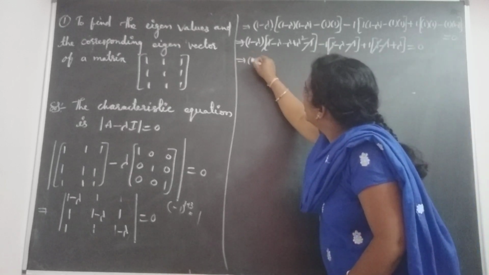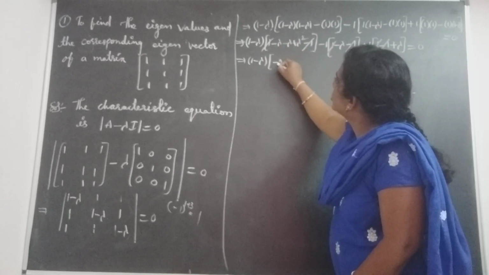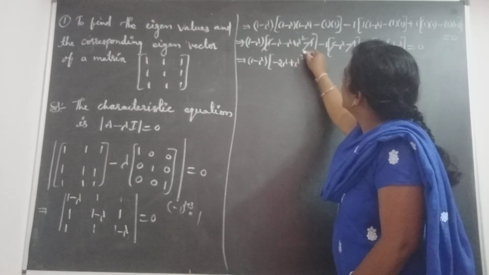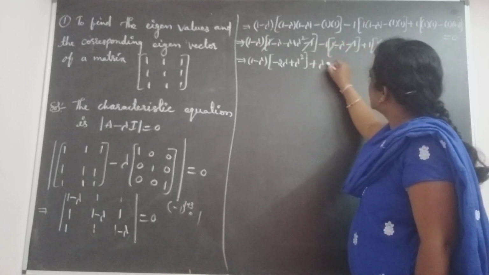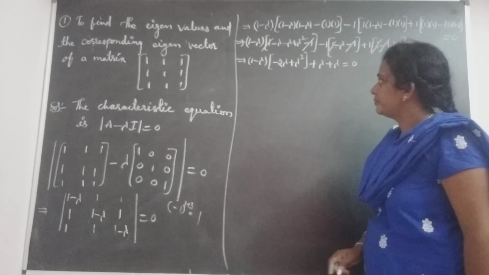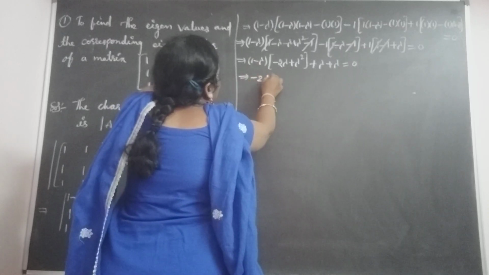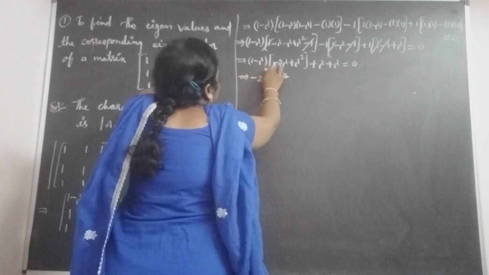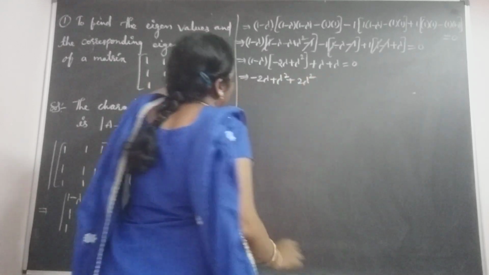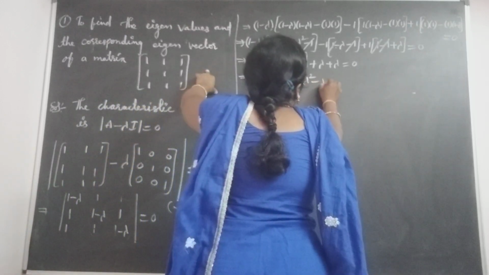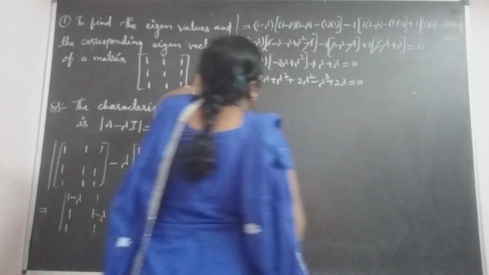Here, 1 minus lambda into minus 2 lambda plus lambda square, plus lambda, plus lambda equal to 0. Multiplying again: minus 2 lambda plus lambda square, plus 2 lambda square minus lambda cube plus lambda, plus 2 lambda equal to 0.